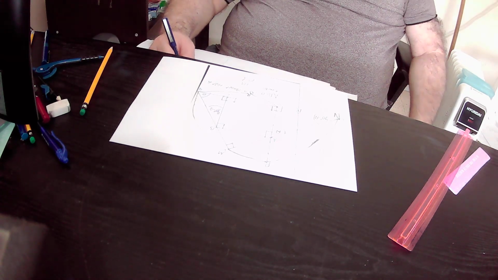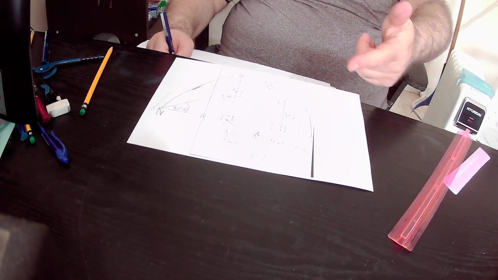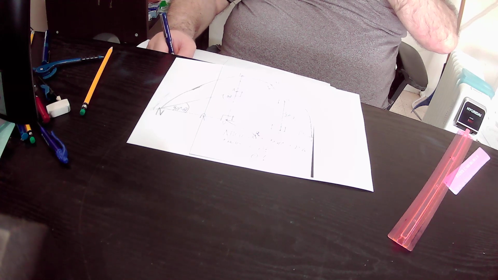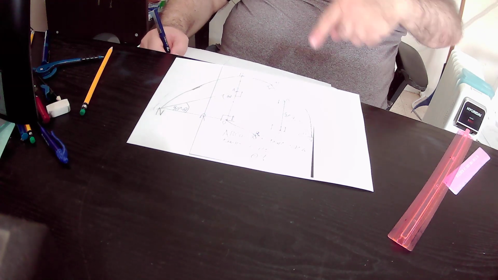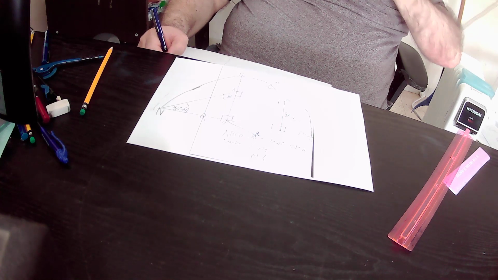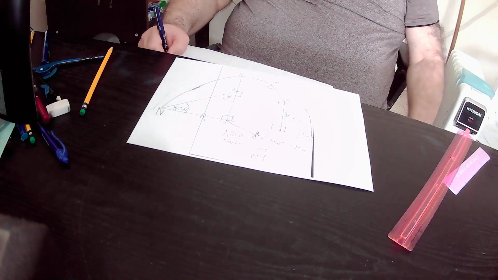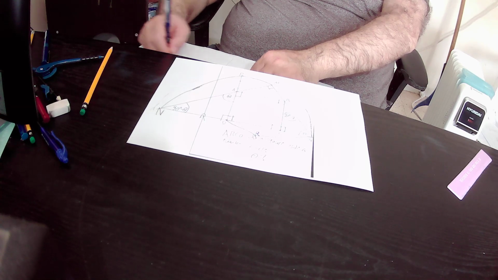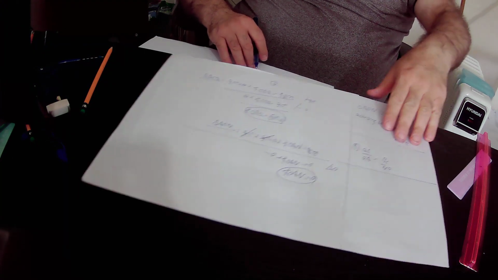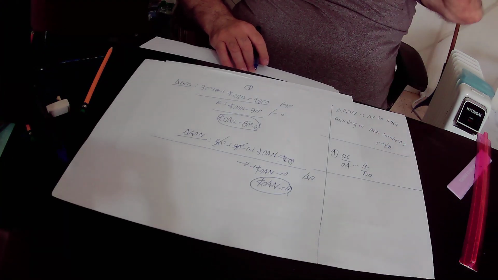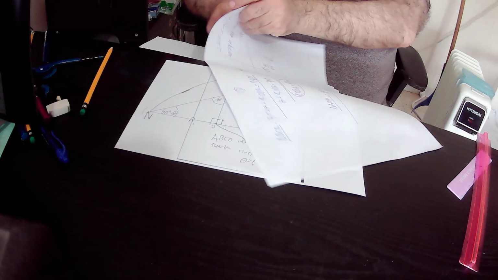We conclude that QC over OA is equal to BC over NO. I repeat again, from the fact that those triangles are similar to each other, we conclude that QC over OA equals BC over NO.